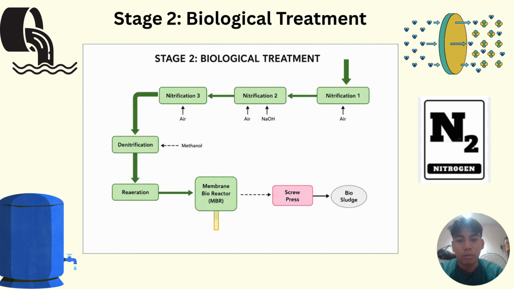Next, it will go through the denitrification process, which will change the nitrate into nitrogen gas. This is to avoid eutrophication, which will cause algae bloom and contaminate the water even more.